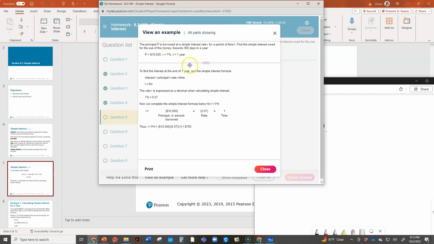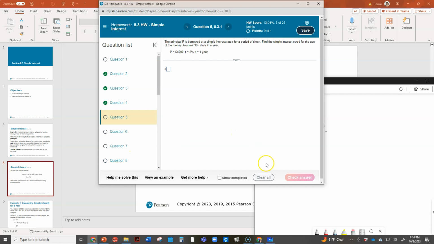We'll just see why they're telling us 365 if we're using the time frame of a year. It says the period of time T. They usually define the time right there as in days or months or whatever. But here they said year, so that's why I'm using a year instead of days. Best explanation I have for you on that one.